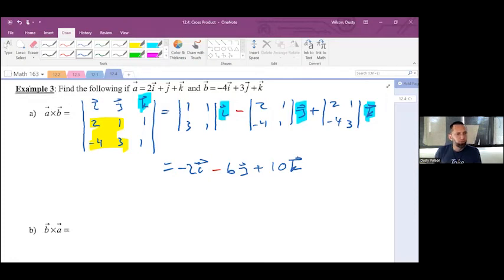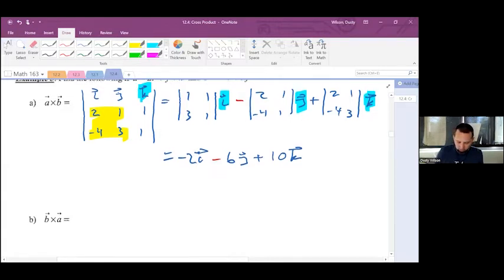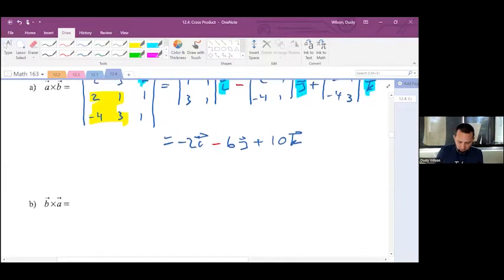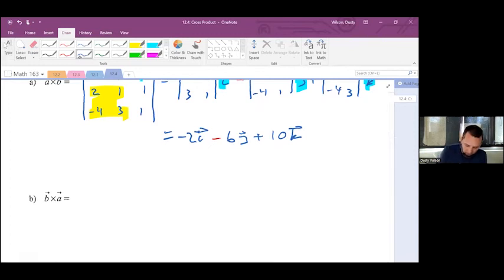So notice that in B, the only change is going to be that the orders of the second and third columns in our cross product are going to be reversed. So we need to calculate the cross product of i, j, k, and then we want to reverse the two rows: negative 4, 3, 1, 2, 1, 1.